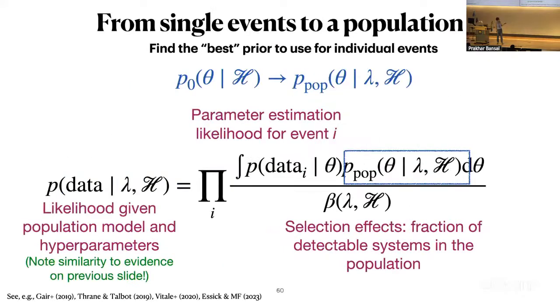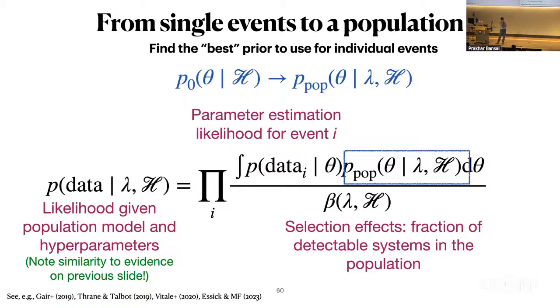So this thing on the top is basically the same as the evidence that we had down here, and we multiply that together for all of our events i, assuming each piece of data from every event is statistically independent. Then the only thing we include is this denominator term for every event: the selection effects term, which is the fraction of detectable systems in the population.